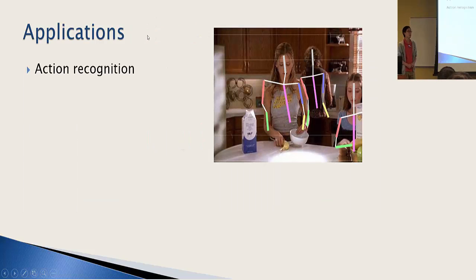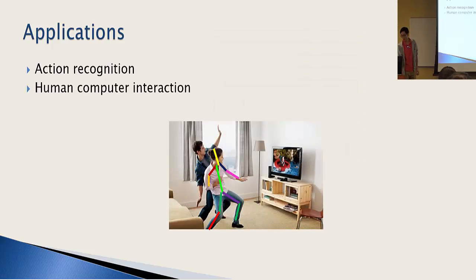For human pose estimation, there are a lot of applications. For example, for action recognition, if you have the human pose estimations for every person in the video, then you can do more fine-level action recognition. Also, for human-computer interaction, if you can estimate the human pose, then game designers can get more involved for the person who is playing the game.